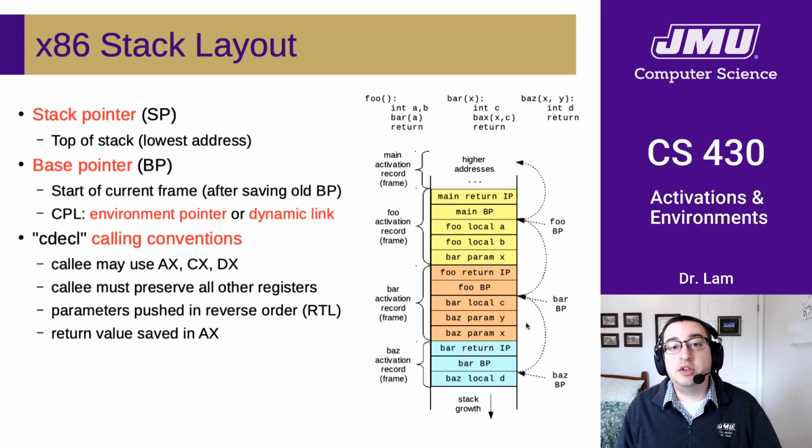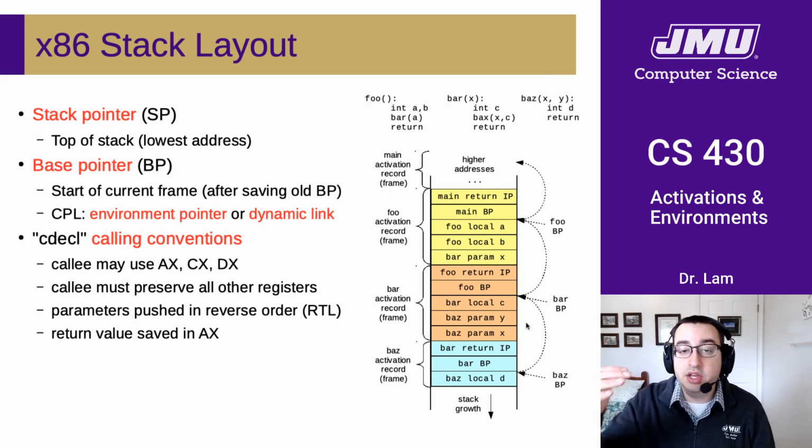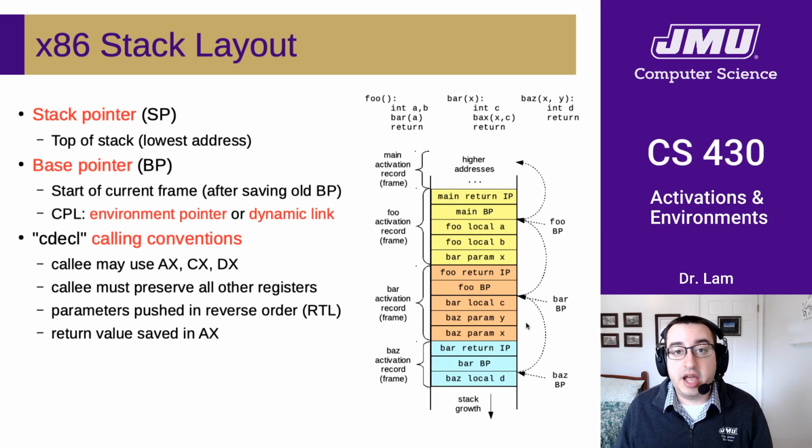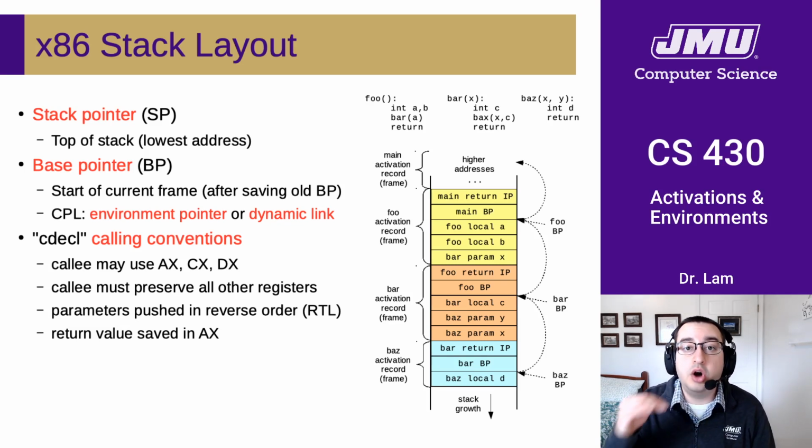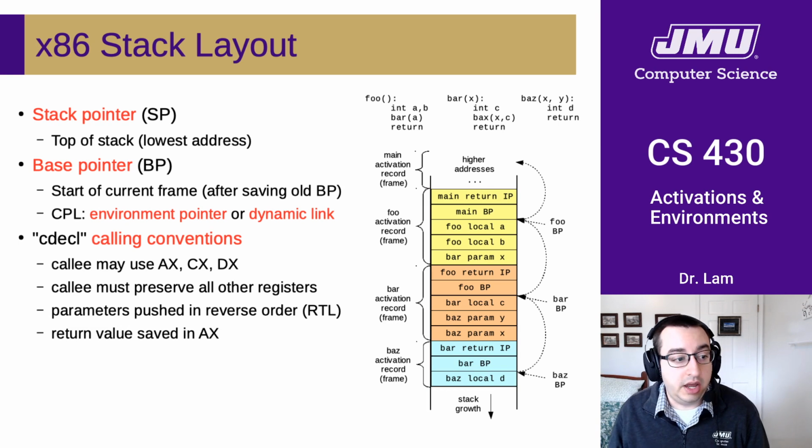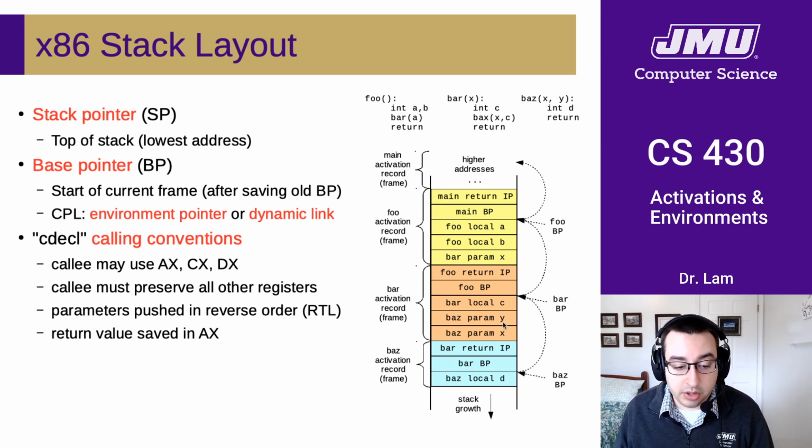This is what enables us to walk up the chain. So when you, for instance, run a program in GDB and you get a segfault and you want to see where on the calling stack you are when you got the segfault, this is how GDB walks up the stack to see what's going on. It follows these dynamic pointers. Okay, and then the other thing that's stored here that you can see are the local variables. And one thing that you'll notice is that when you're inside of a function, let's think about baz here.